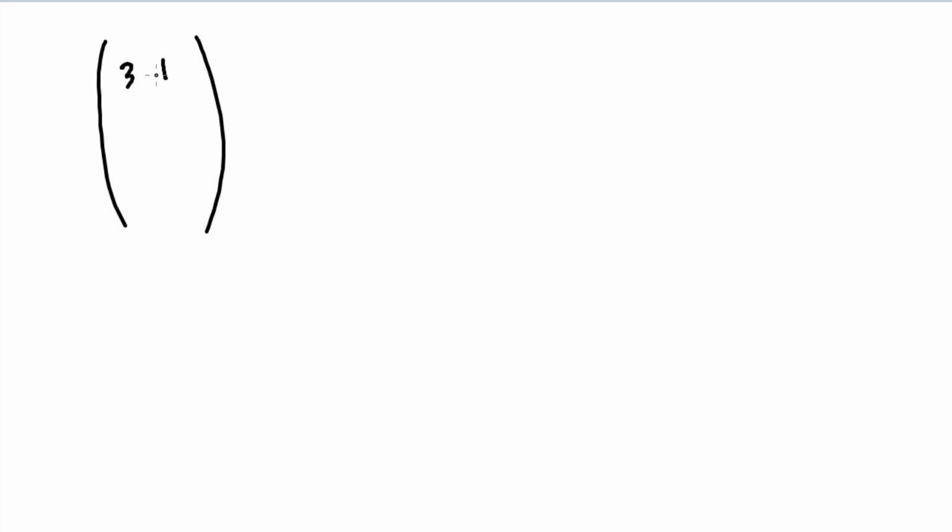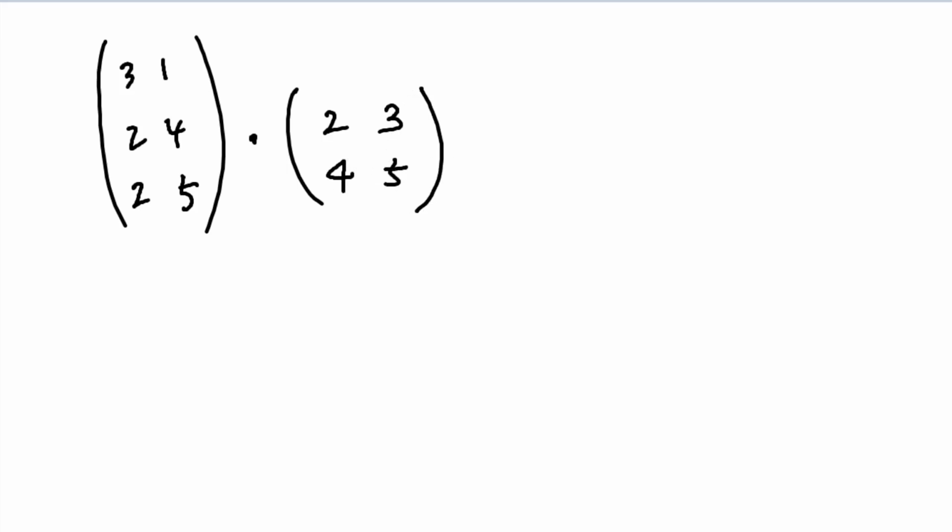Now, if you notice what we're doing here, let's say you have a certain matrix. Let's do 3, 1, 2, 4, and note this is a 2-column matrix, by the way, and another 2 and a 5. And let's multiply this by, let's give it 2, 3, 4, 5. Right? And if you notice here, the number of columns in my first matrix corresponds to the number of rows in my second matrix.